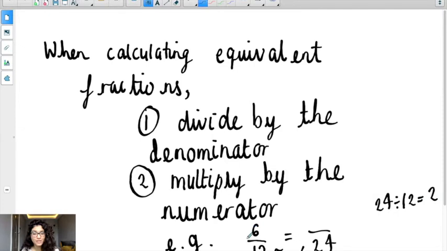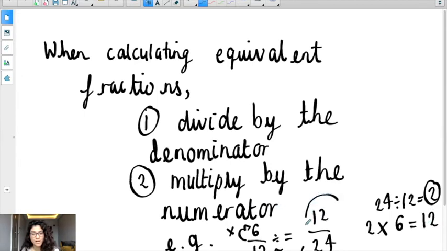And then you multiply by the top number. So you divide by the bottom, multiply by the top. So you take 2, which is our answer that we've just gotten, and you multiply it by the numerator, which is 6. 2 times 6? 12. So that is the numerator for our equivalent fraction that we have just created. I hope that makes a bit more sense now that I've explained that a little bit further.